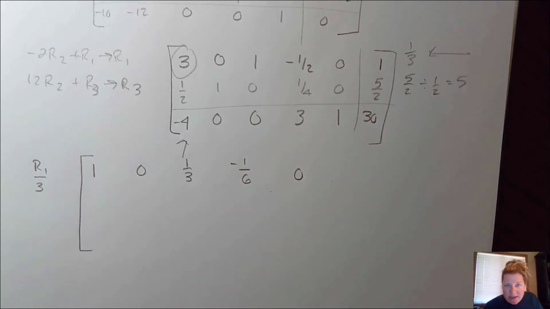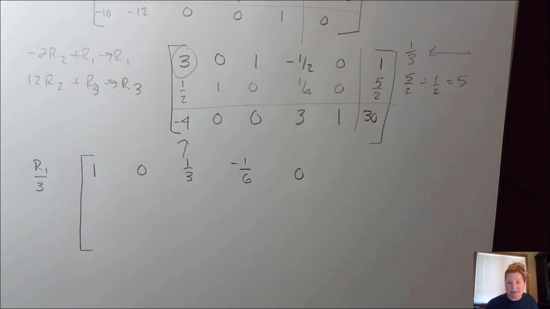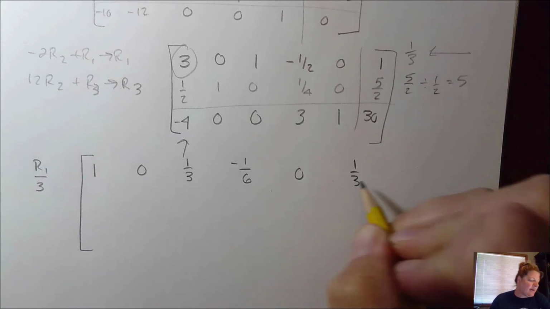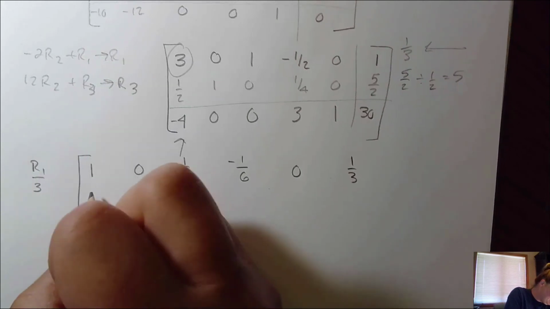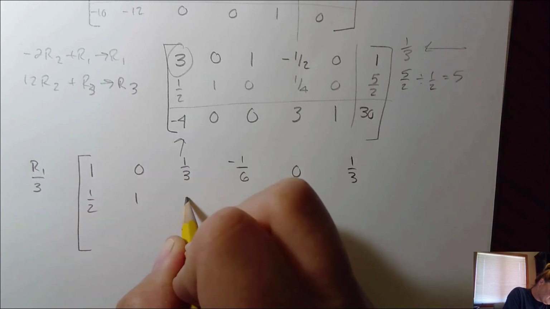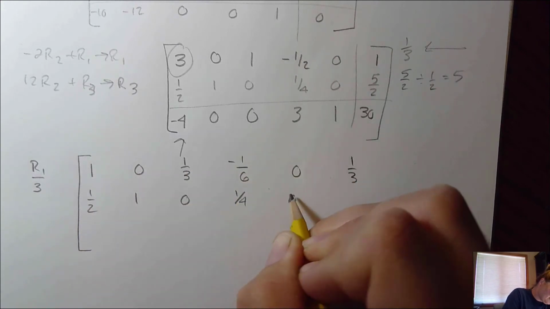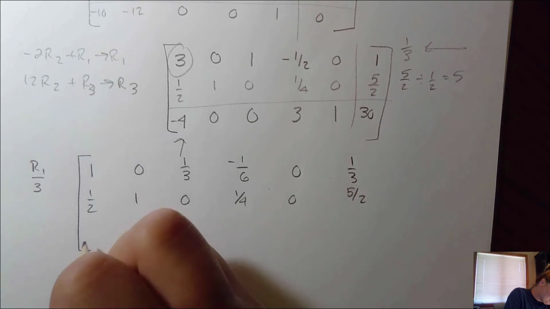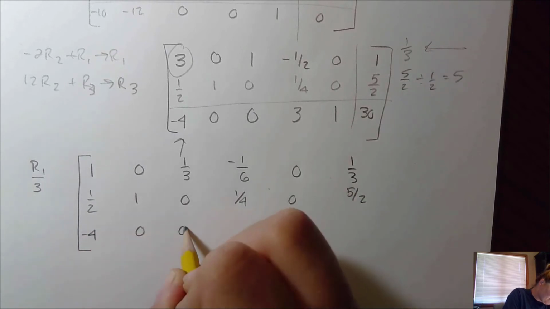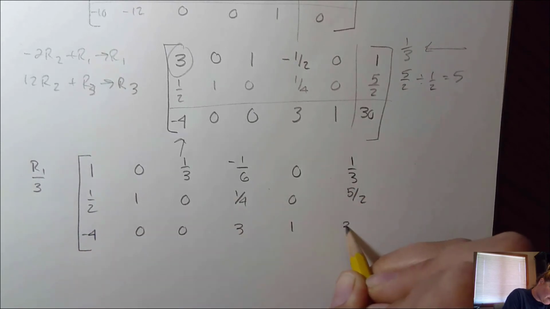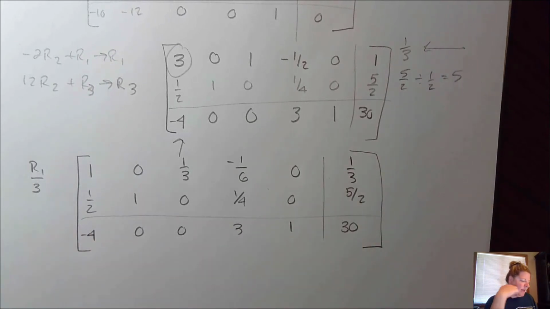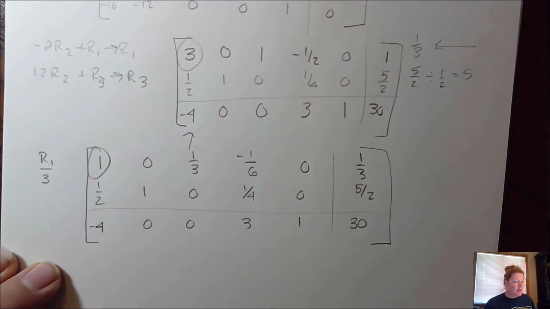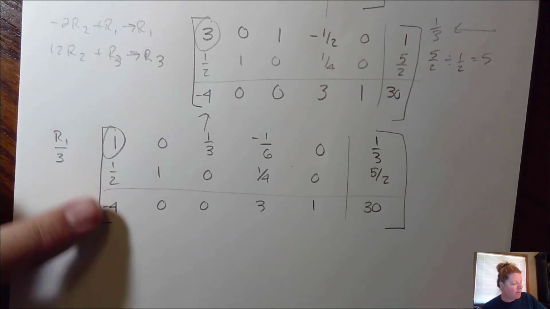Negative 1/2 times 3, or you times just the denominators. Don't make that harder than it is. 1/3. Okay, middle row stays the same, and the last row stays the same. Okay, and there's our pivot still. So let's get rid of these two by making them 0.